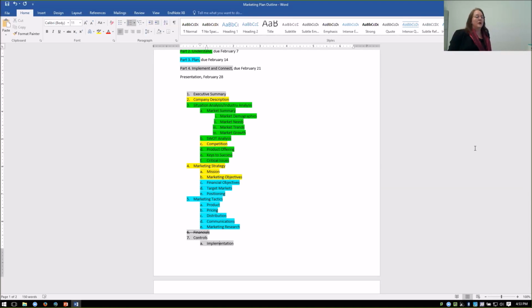No, I built it in such a way that you guys have the opportunity to refine it and revise it along the way. And it gives me an opportunity to give you incremental input rather than you being surprised at the end when I tell you that the plan wasn't good enough. I don't want that surprise at the end. So I built it in with pieces being turned in so I can give you that consistent feedback.